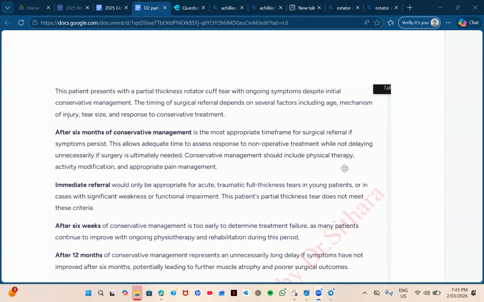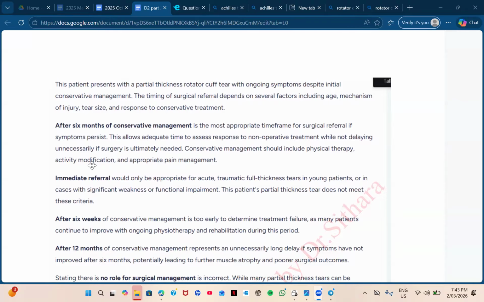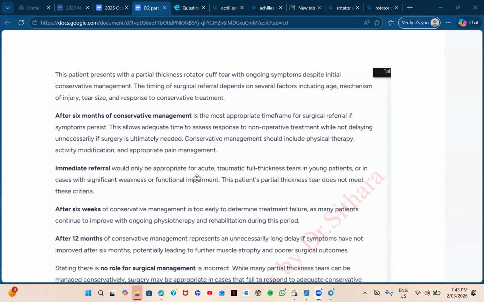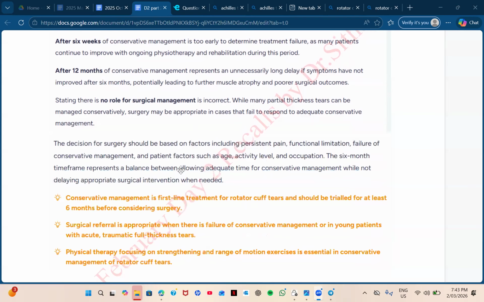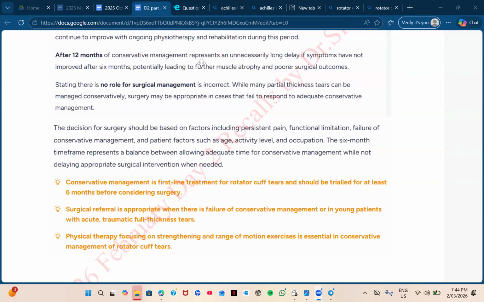Conservative management should include physiotherapy, activity modification, and appropriate pain management, right? Immediate referral would be appropriate for an acute traumatic full thickness tear in a younger patient or in cases with significant weakness or functional impairment. This patient's partial thickness tear does not meet these criteria, right? So the decision for surgery should be based on factors including persistent pain, functional limitation, failure of conservative management, and patient factors such as age.